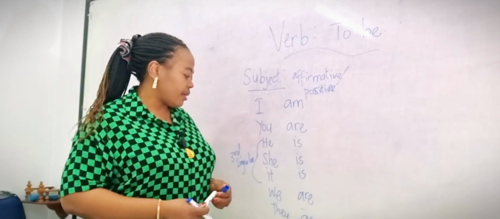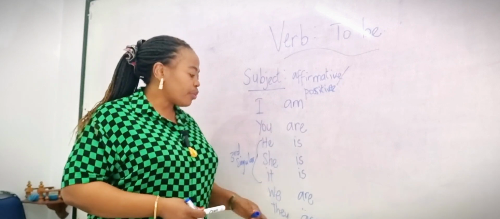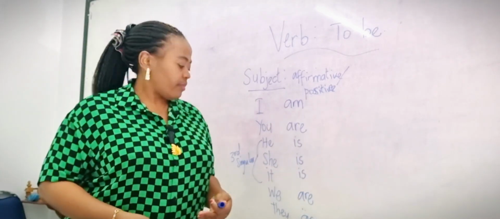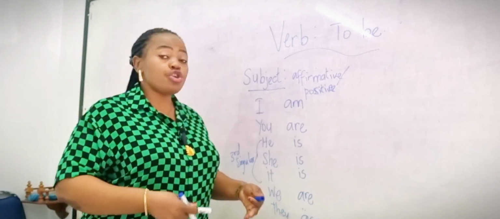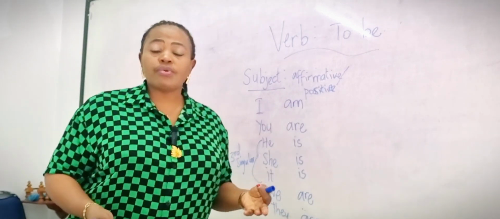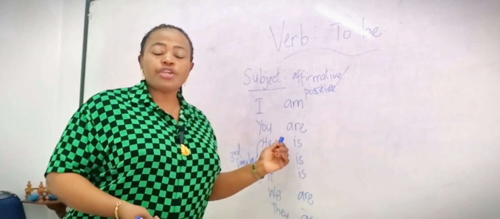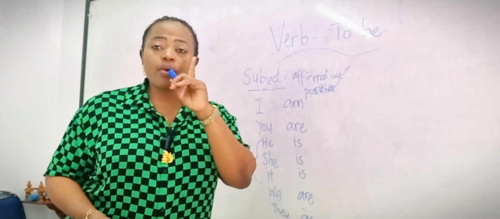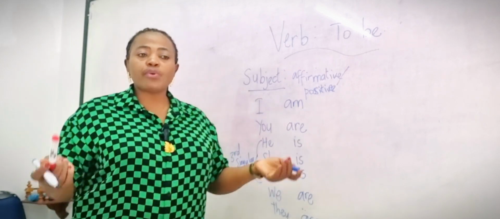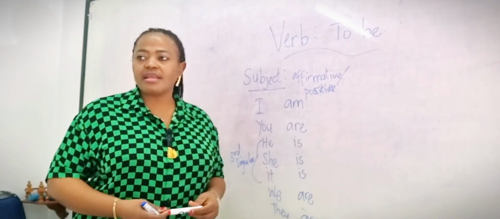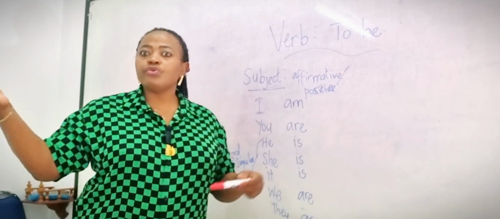This is a marker. And we have the plural, we. We are in class. And we have you. You can be singular or plural. You singular refers to only one person, while you plural refers to many people. Like if I have students in class, I can say all of you should stand up.